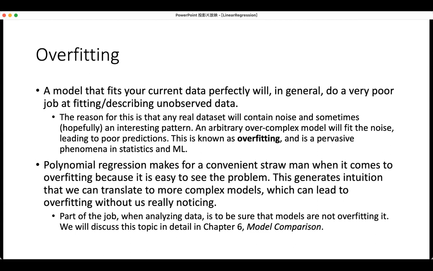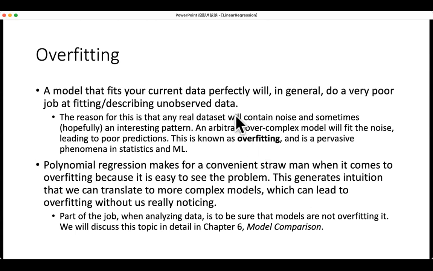Because your model picked up the noise, it assumes the trend is somewhere else. Instead of a simple trend, it will try to find a complicated pattern that is actually not necessary.